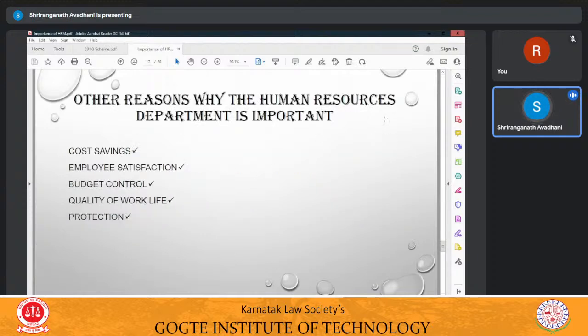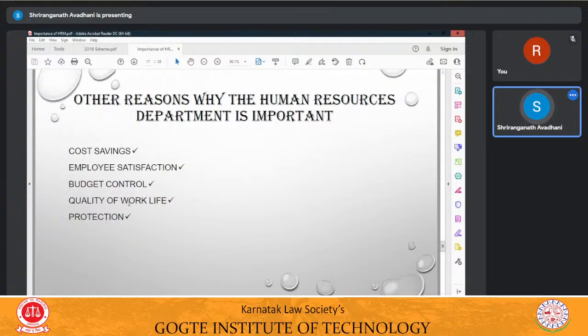Another reason why the human resource department is so important is that it totally focuses on cost savings, employee satisfaction, budget control, quality of work life, and the protection of the people who are working in the organization.